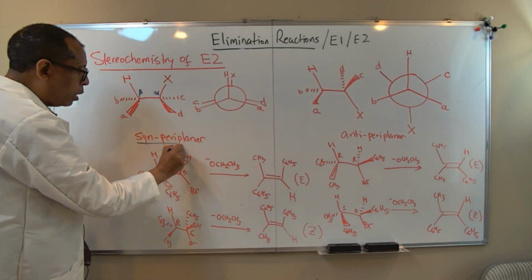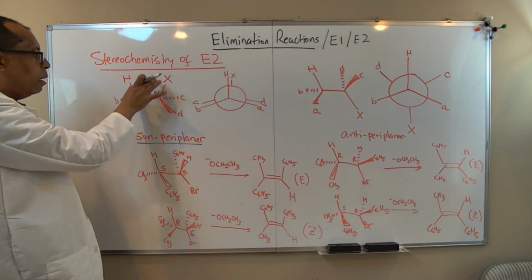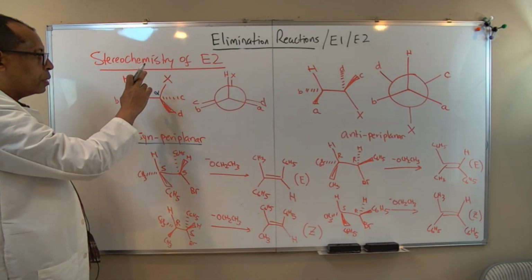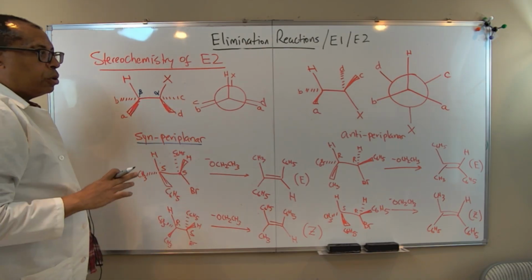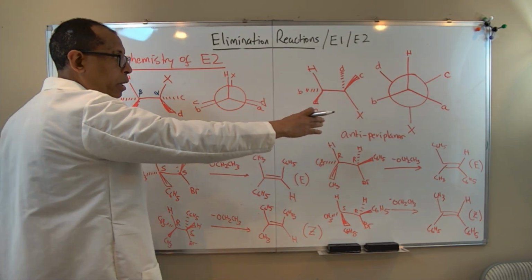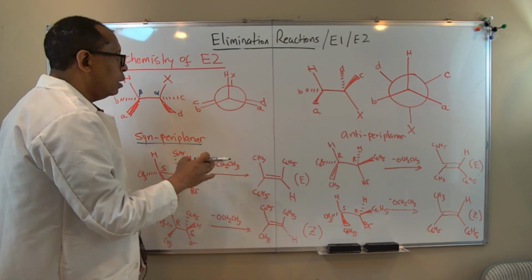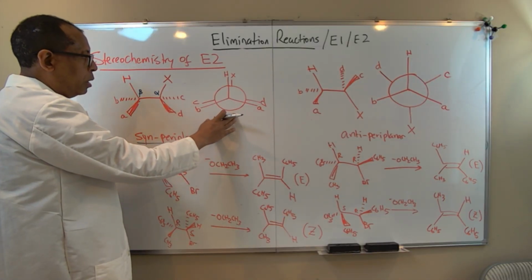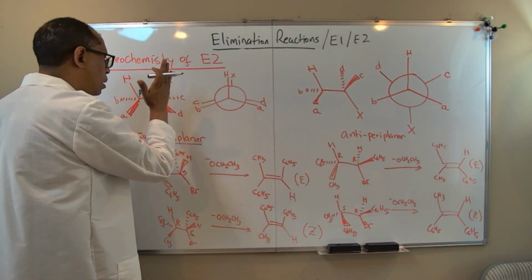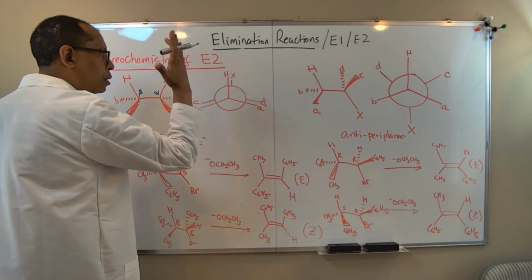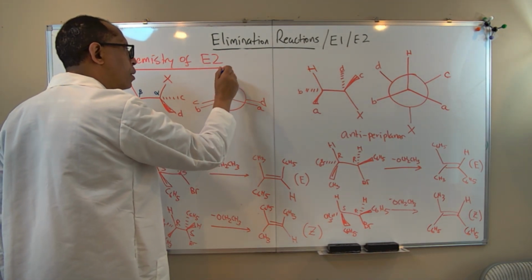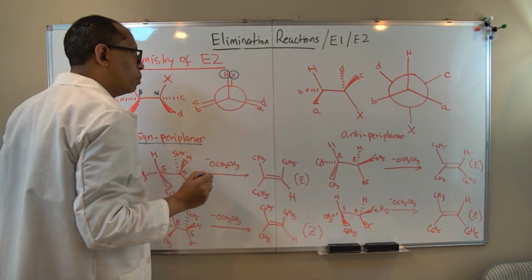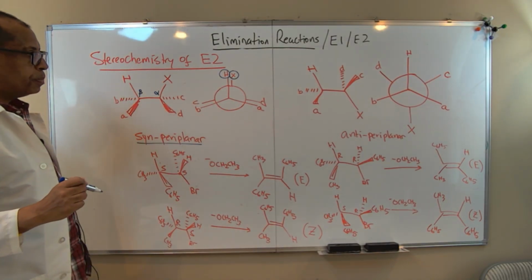So syn periplanar means that both the hydrogen on the beta carbon and the halide on the alpha carbon are on the same plane, like this. Both the hydrogen and the leaving group are on the same plane.